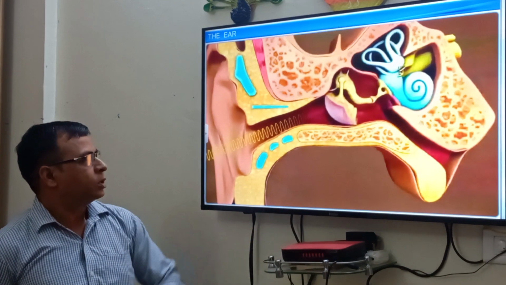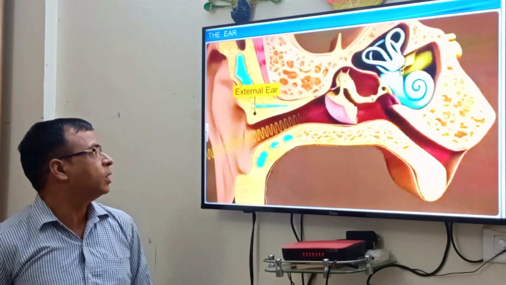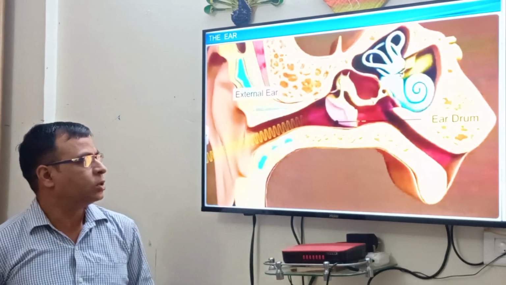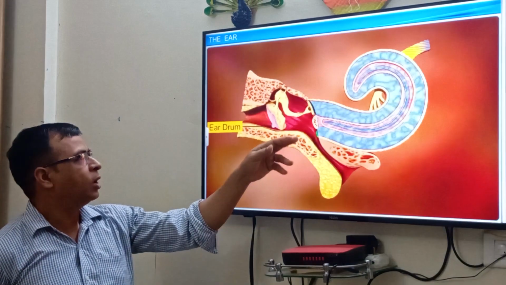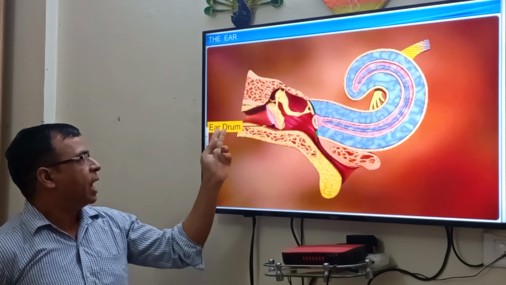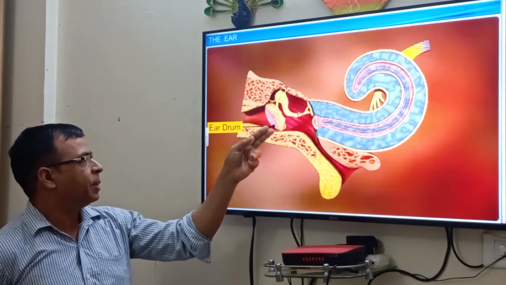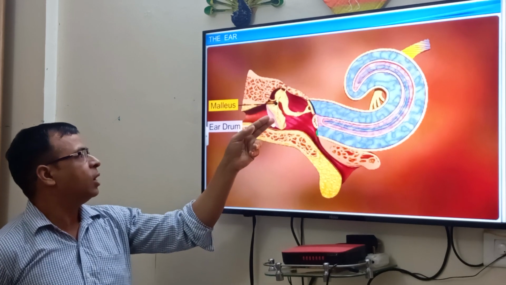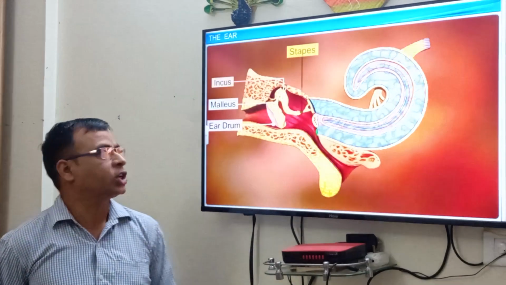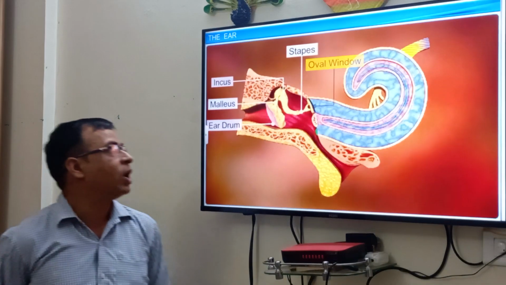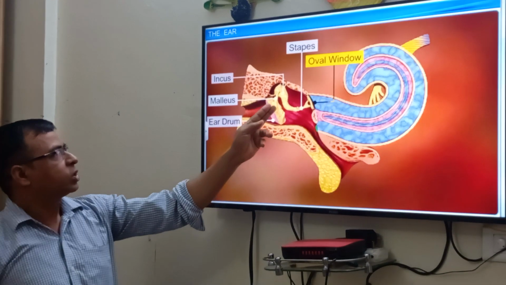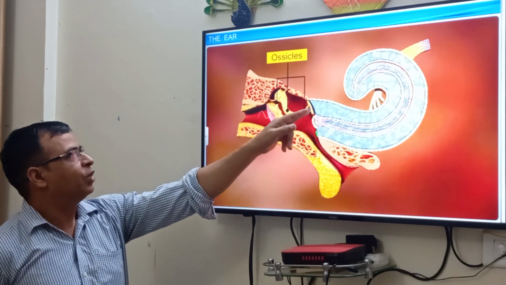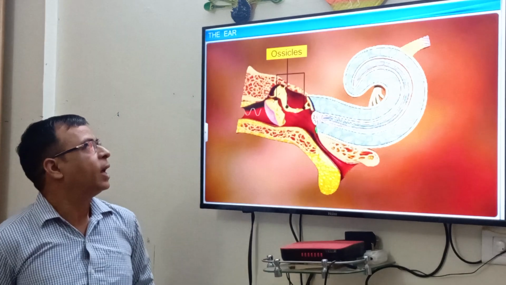Now you can see the mechanism of hearing. The external ear receives the sound waves and directs them to the eardrum, and the eardrum vibrates with these sound waves. This leads to vibration in the three ear ossicles that amplify the sound waves, and these ear ossicles are attached to the oval window of the cochlea.